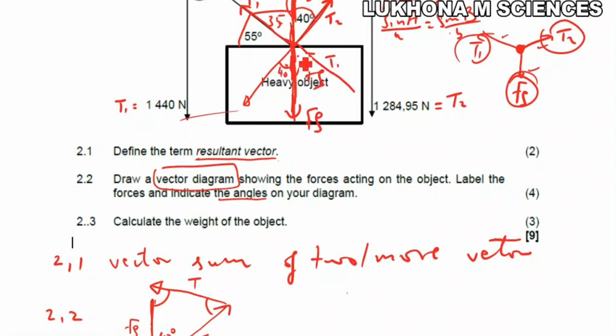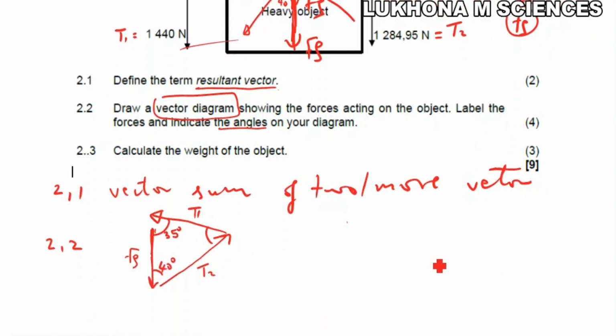Between T1 and Fg, there is this angle. This angle is 35 because of vertical opposite angles, which means between T1 and Fg there is 35 degrees. Now we're left with this angle.